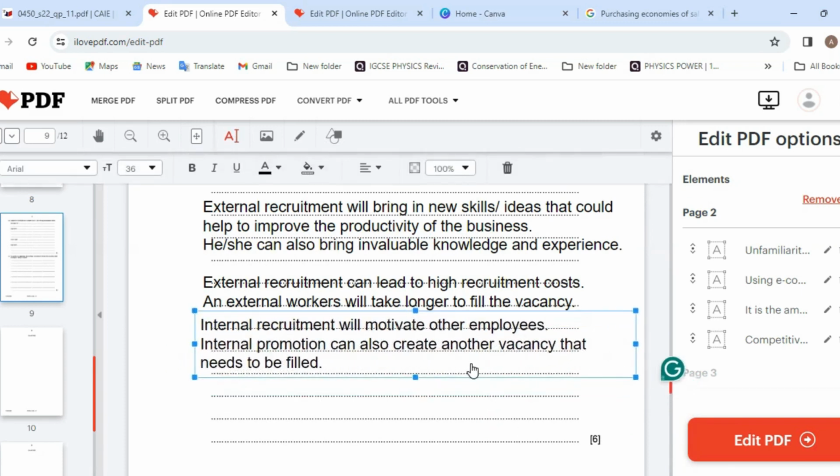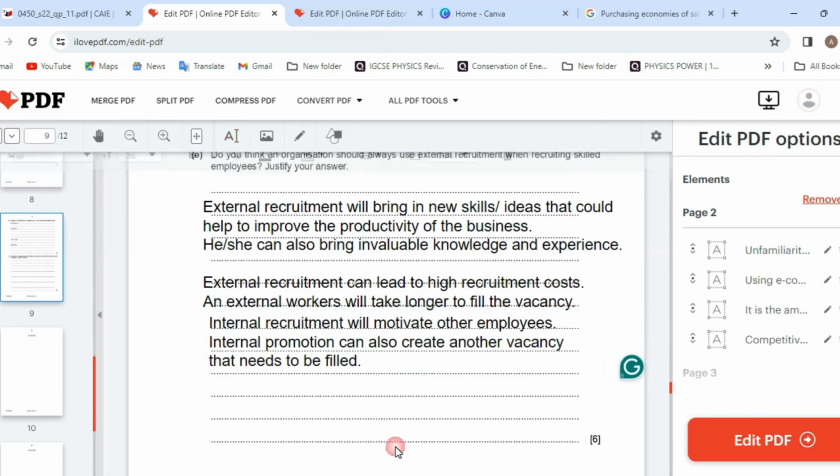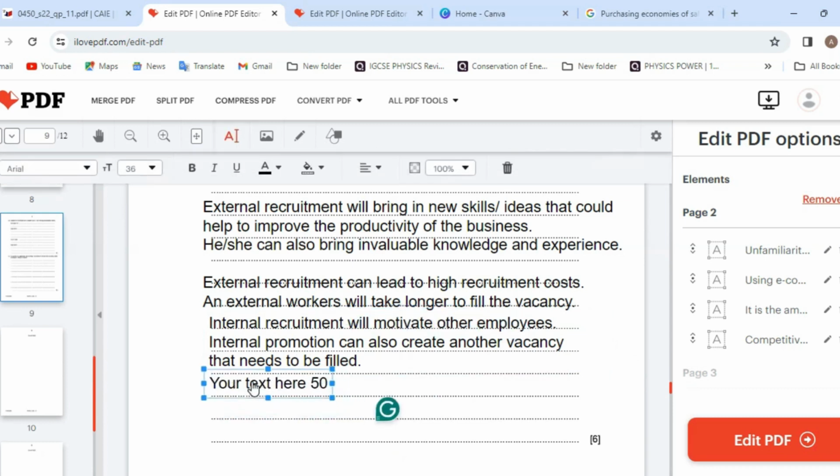Let's try and drag this up before we bring in our justification. Let's try and add the text box. Now let's develop this based on what we have here.